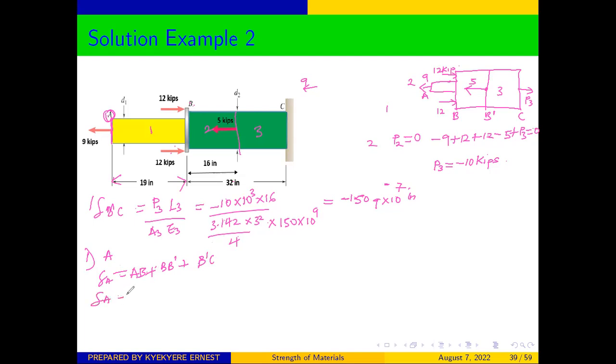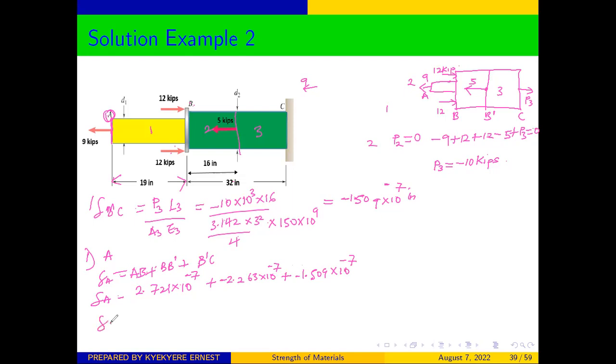So the displacement at A is going to be 2.721 times 10 to the power negative 7, plus the deformation in the second section, which is negative 2.263 times 10 to the power negative 7, plus the deformation in the last section, which is negative 1.509 times 10 to the power negative 7.